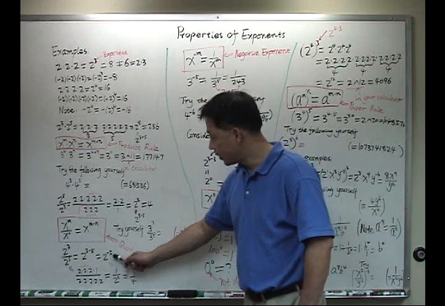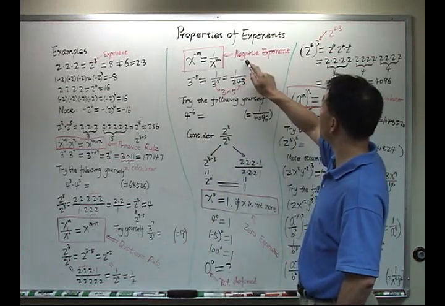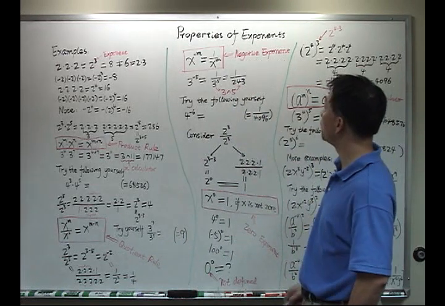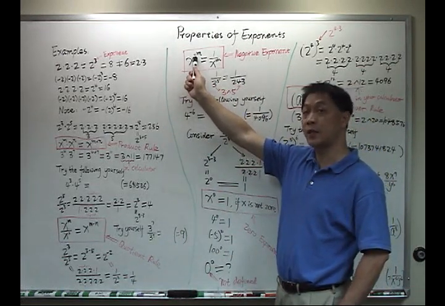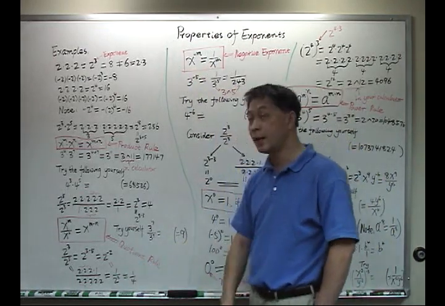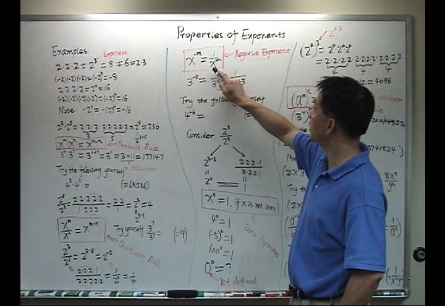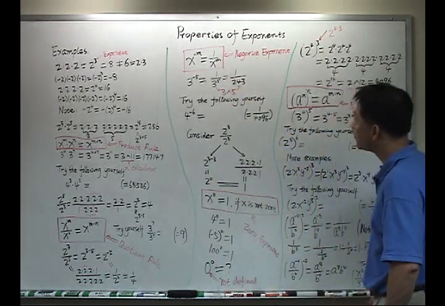Now, from here we can derive the third rule, which is the negative exponent rule: a number to the negative exponent equals 1, you always have a 1 upstairs, and downstairs is just x to that n without the negative sign.